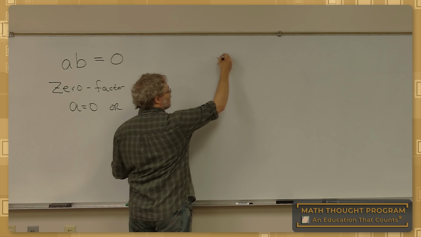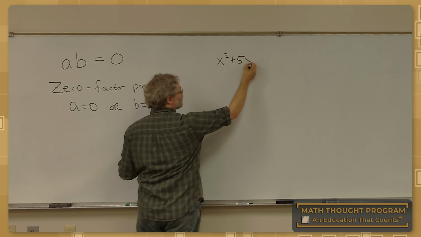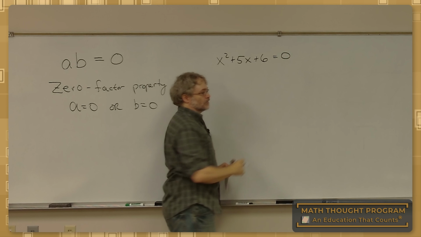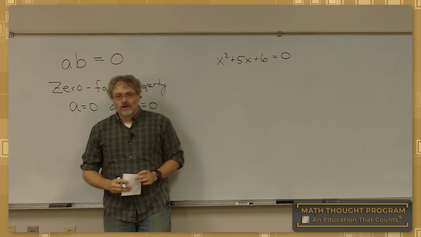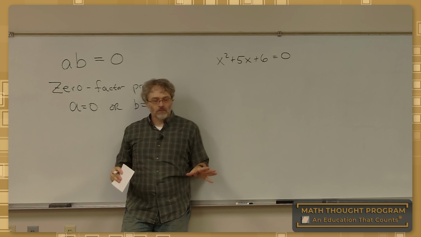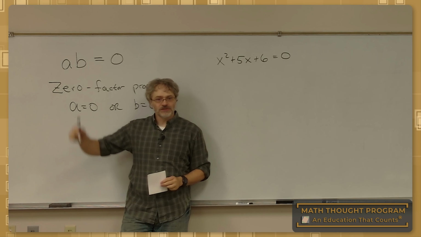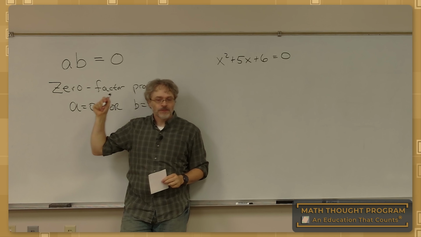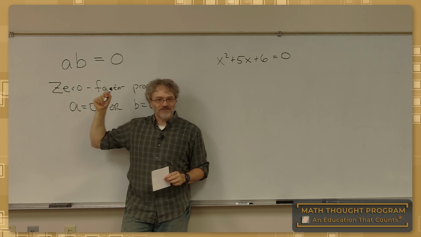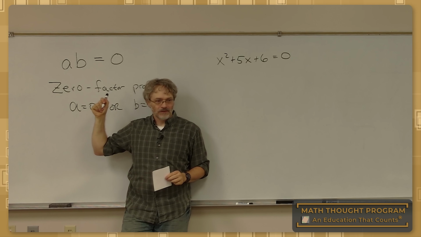Let's say I have x squared plus 5x plus 6 equals 0. Well, in order to solve for x, I'm going to need to use the zero factor property. In order to use this property, I have to do exactly what this set of instructions is telling me to do.